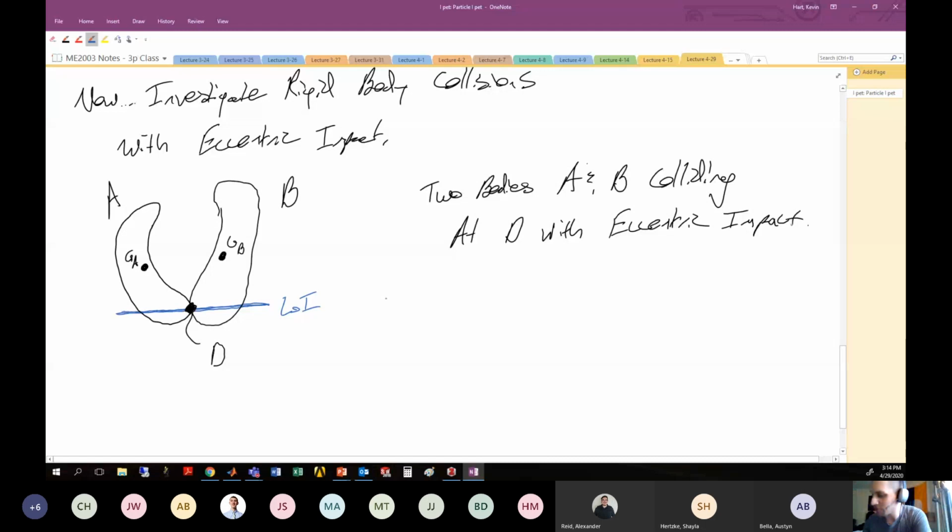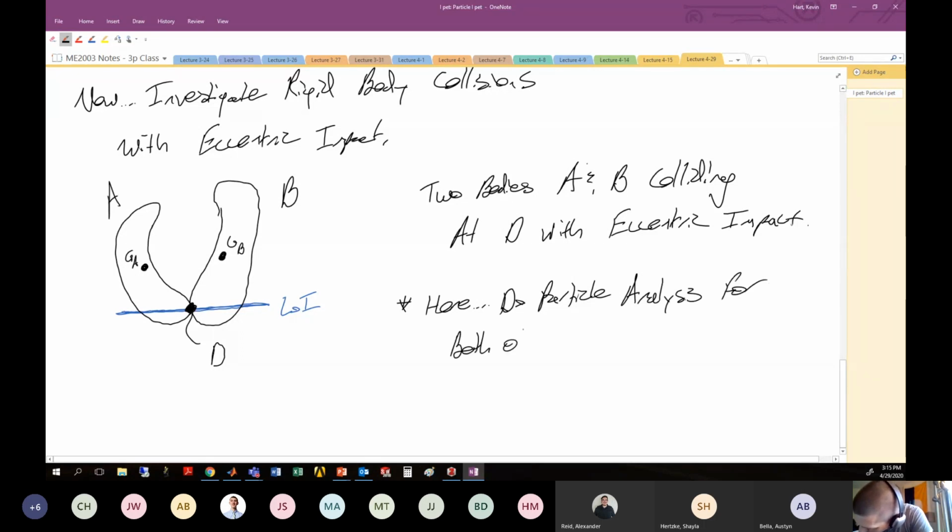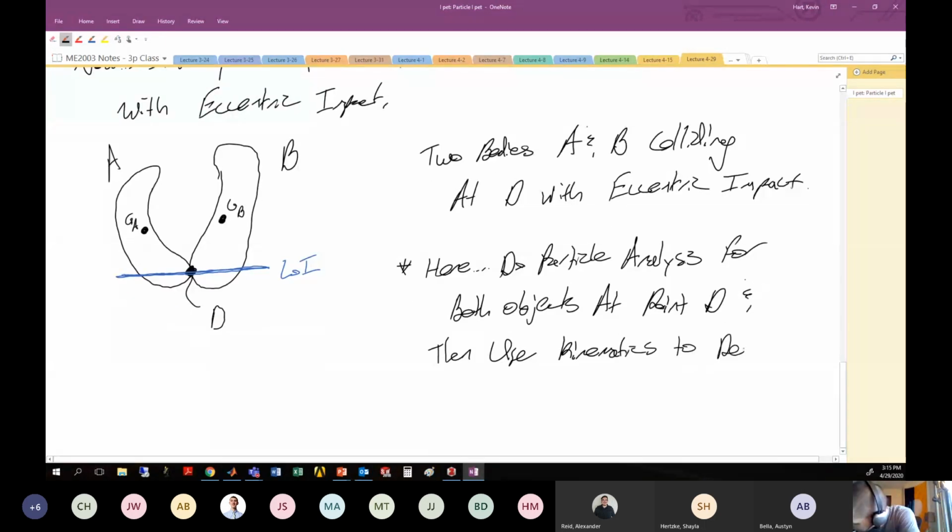So the way we deal with eccentric impact is: we do particle analysis for both objects at point D, and then use kinematics to determine other velocities on the body, including potential angular velocities.